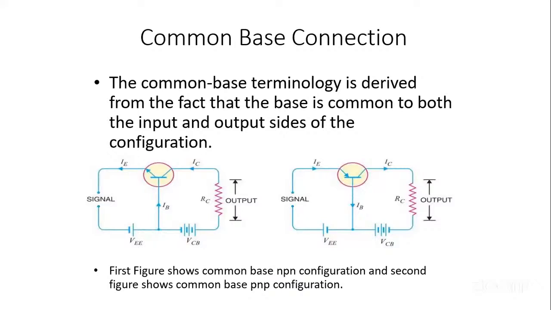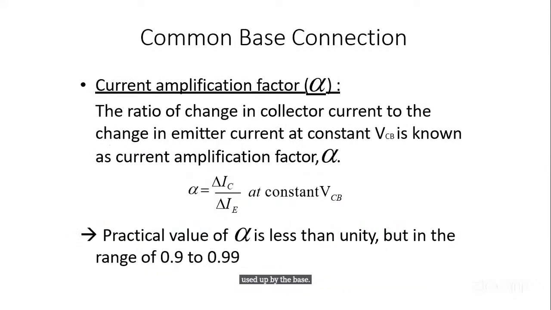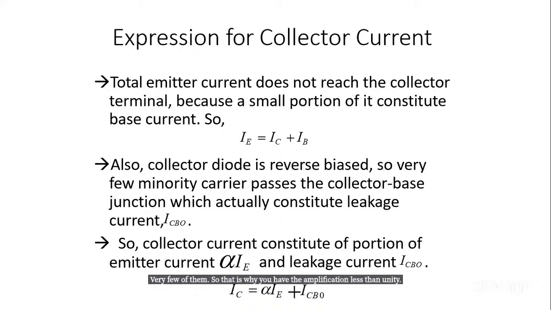So that is why IE cannot be equal to IC, because some of the charge carriers, very few of them, are used up by the base. So that is why you have the amplification less than unity.